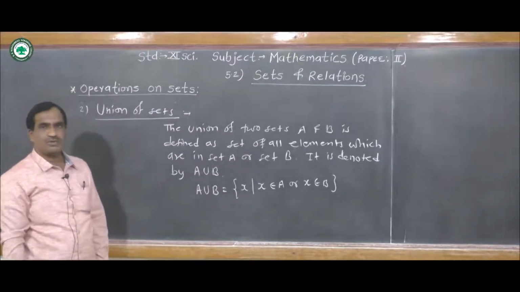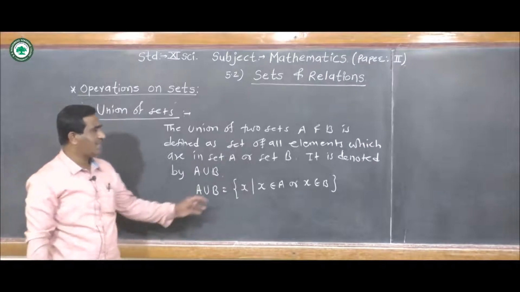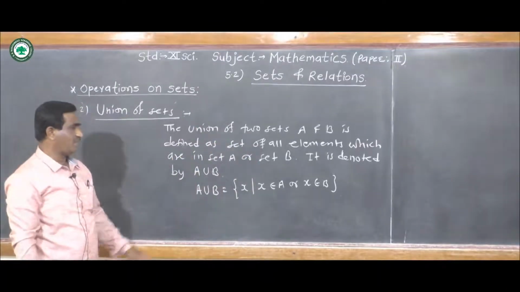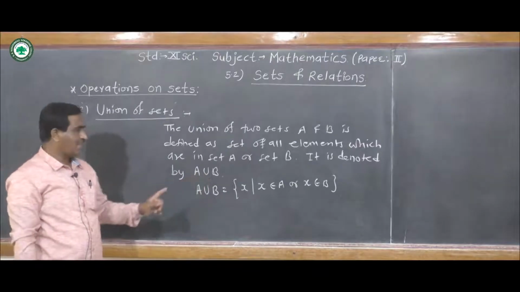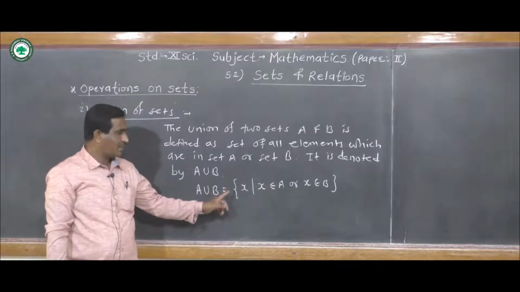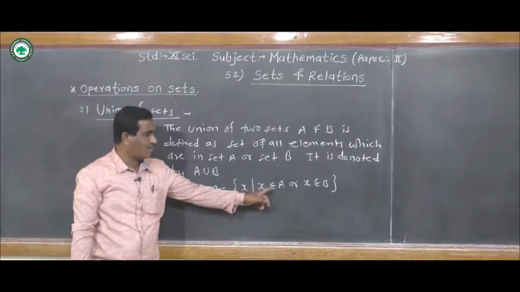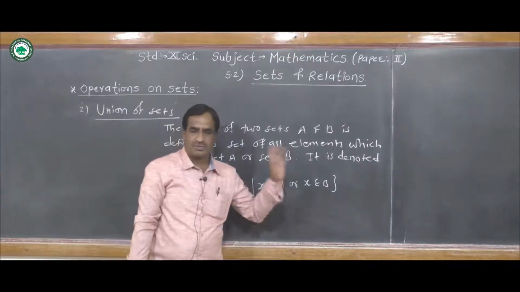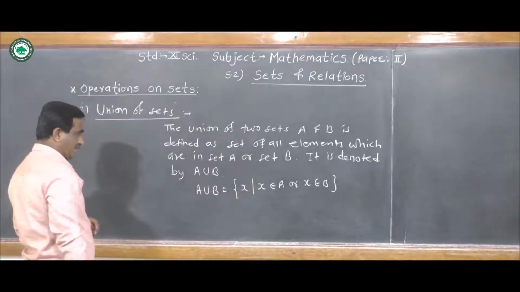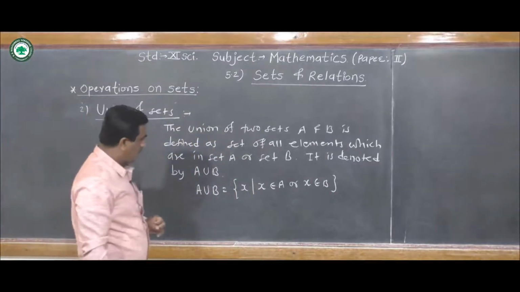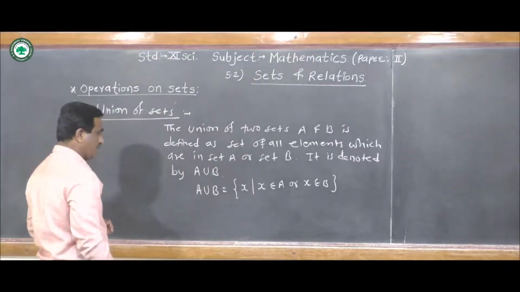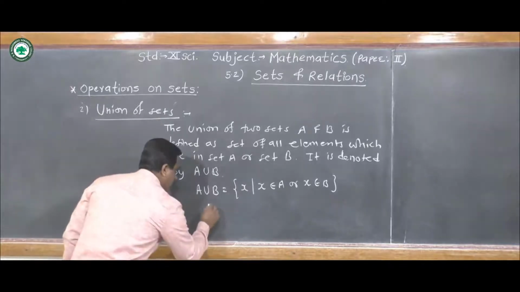The set of all those elements which belong to set A or set B is called the union of two sets, denoted by A union B. Okay. Now we can represent the union of two sets in Venn diagram by shaded portion.